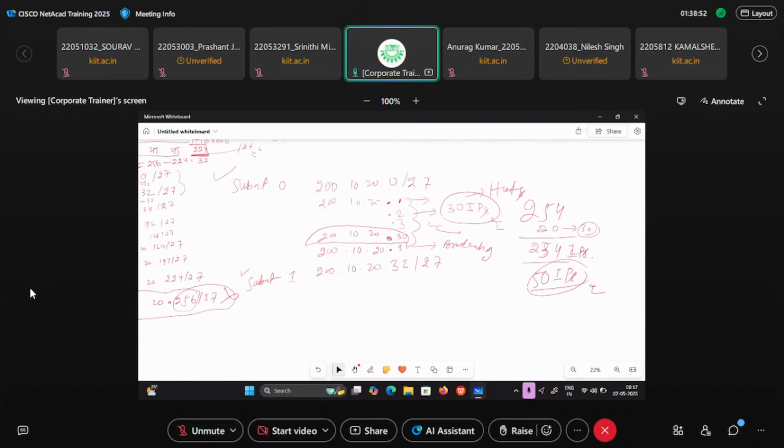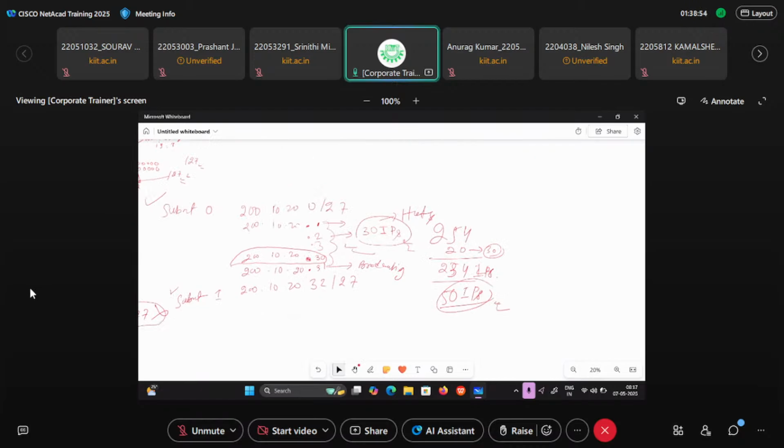There is some question here. It can be asked: what will be the first usable IP of the subnetted network 1? First usable IP of subnetted network 1. Can you tell me? What is your answer?